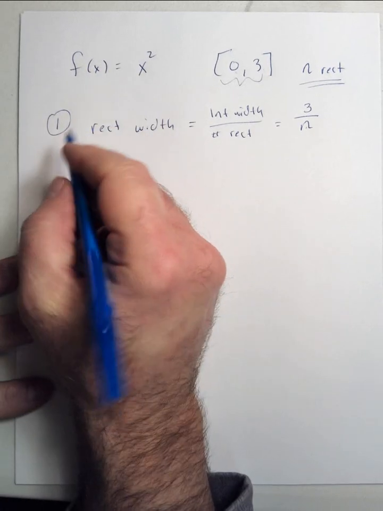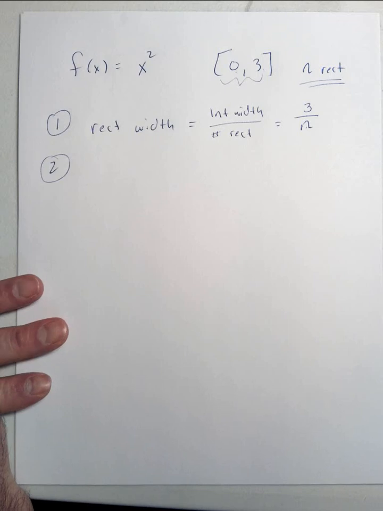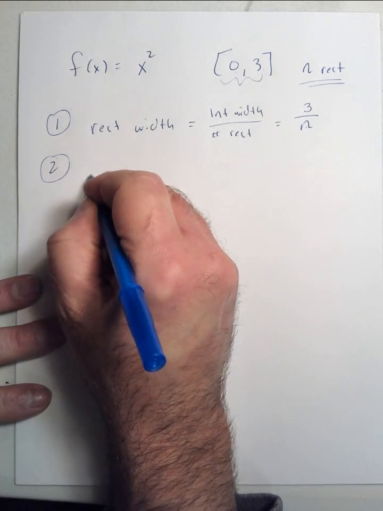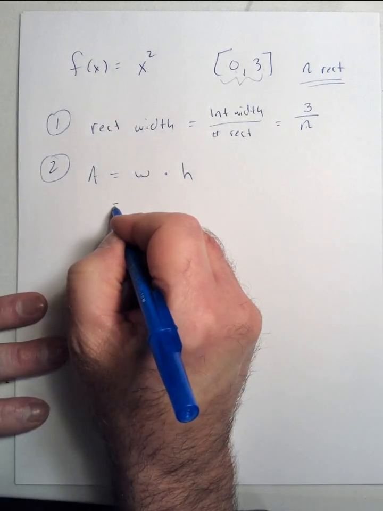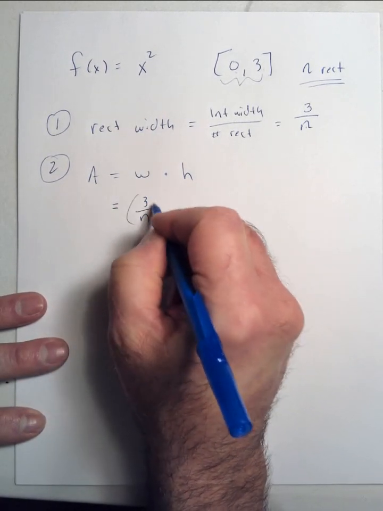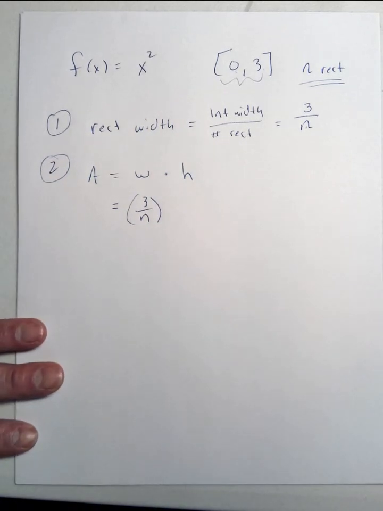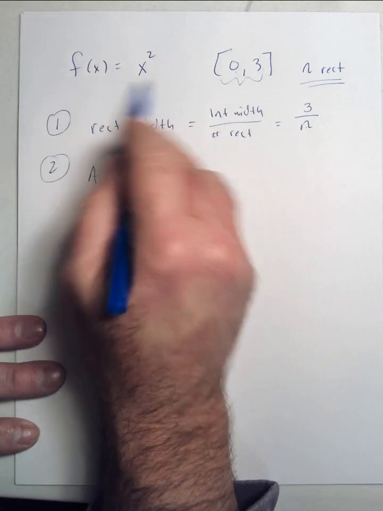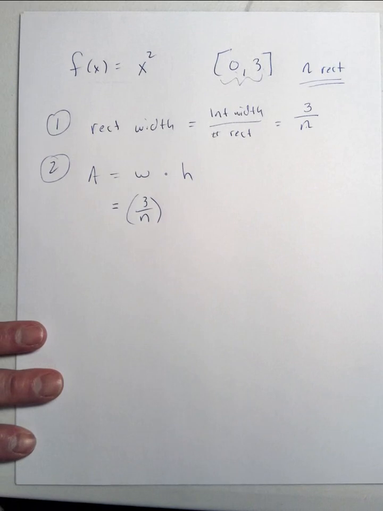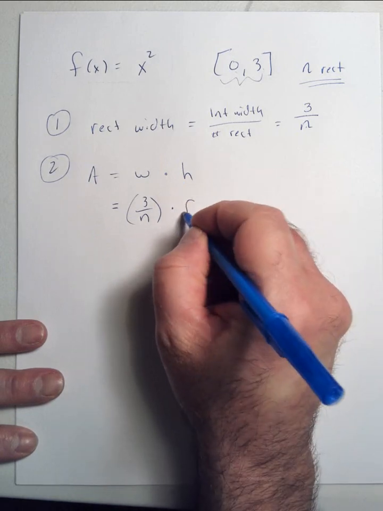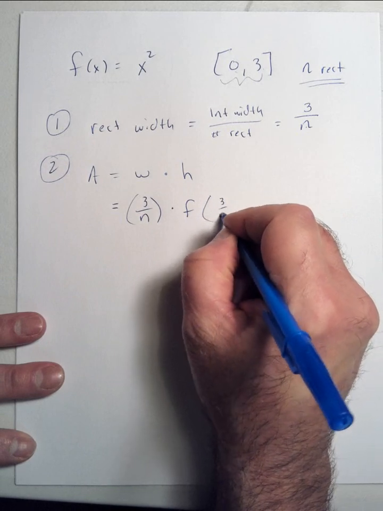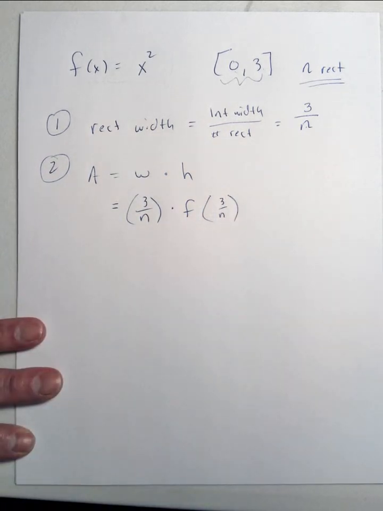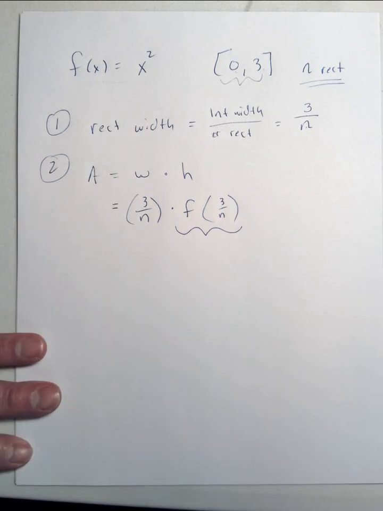Okay, so then what is the area? The area is going to be the width of the rectangle times the height. So in this case, my width is 3 over n. And the height of each rectangle, we remember, is function specific. So we're going to have to take f of 3 over n each time, right? So this is changing.